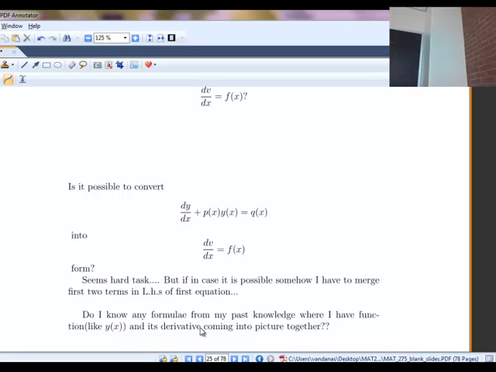If you multiply some function u with y, and take a derivative, what will you get? u y prime plus u prime times y, right?